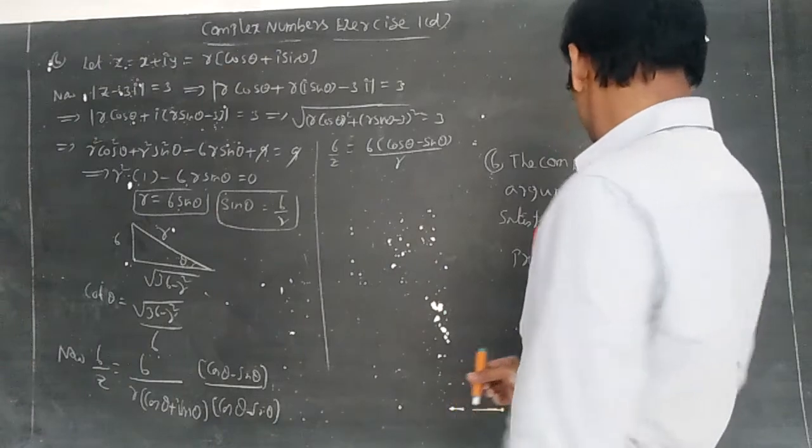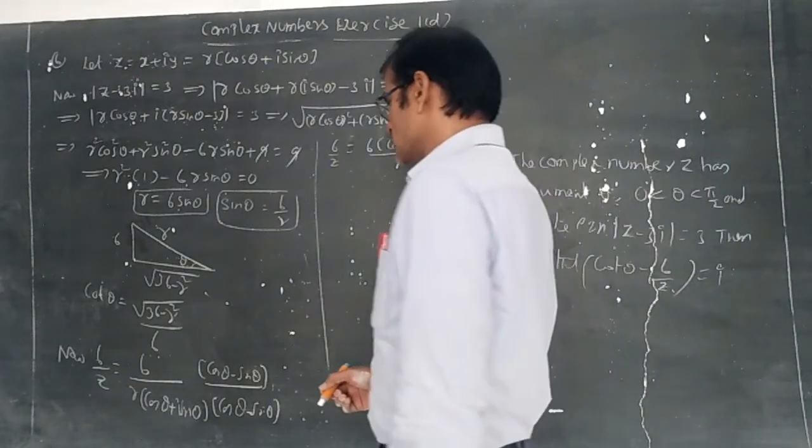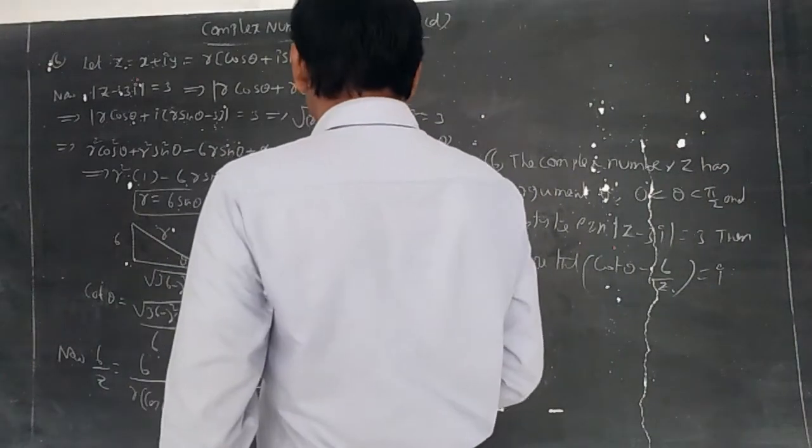Cot theta minus 6 by z is equal to i. So what is cot theta?